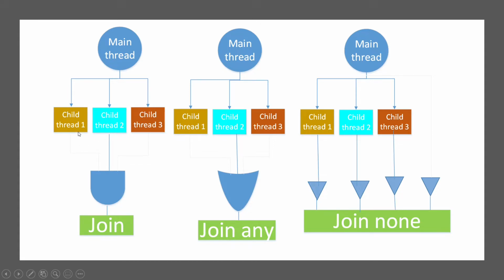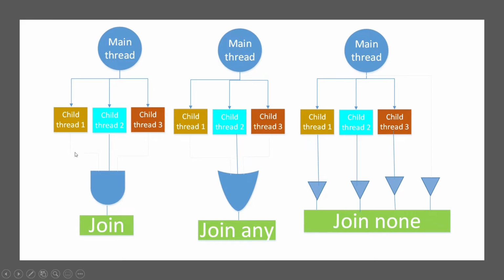The join waits for all three threads to complete. It won't disable, or discard, or execute the main thread in parallel. There's no such thing. It waits for all three threads to complete. That's why I put a logical equivalent: fork join is like an AND logic.